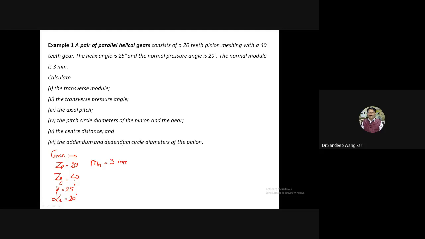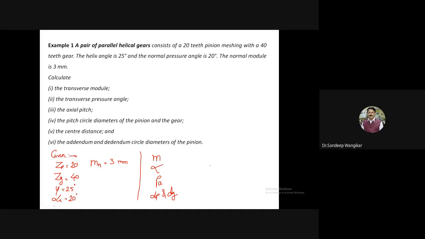And what is asked here? We have to calculate the transverse module m, the transverse pressure angle alpha, then the axial pitch PA, then the pitch circle diameters DP and DG.